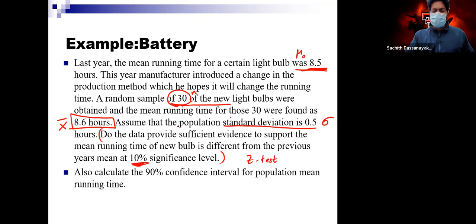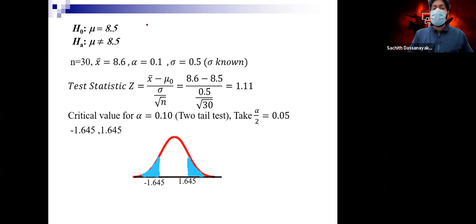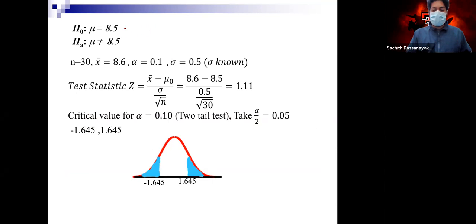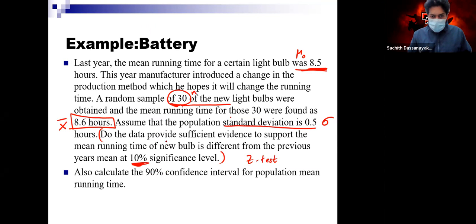Let's go. First, you have to decide whether you reject or do not reject. Mu naught is 8.5. Sufficient evidence to prove the mean running time of the new bulb is different, which means not equal.